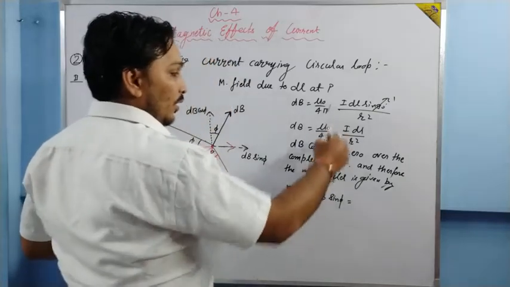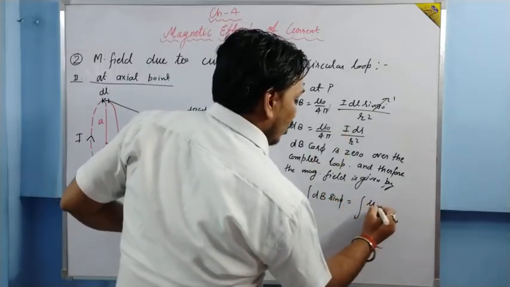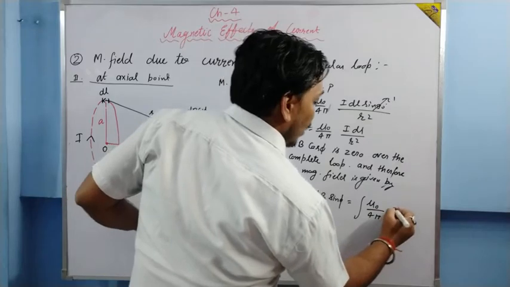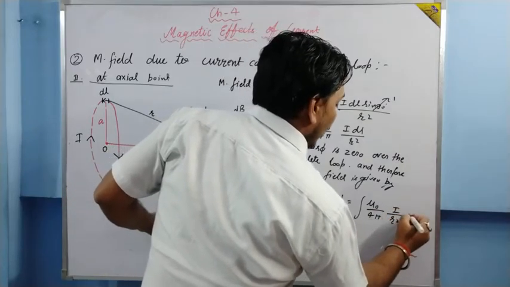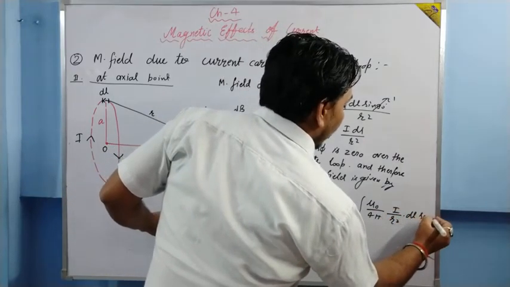The value of dB is this way. This is mu naught upon 4 pi I upon R square into dl into sin phi.